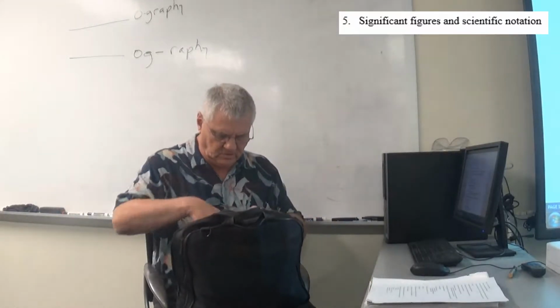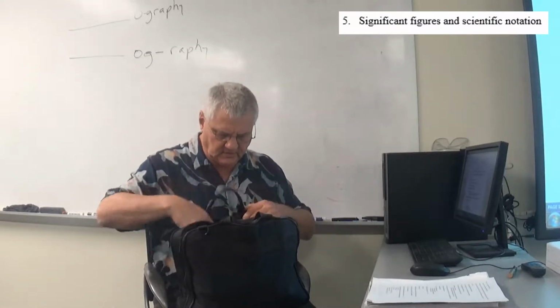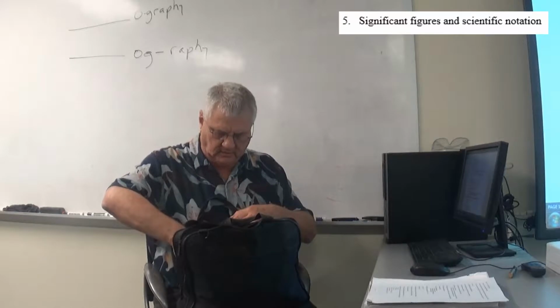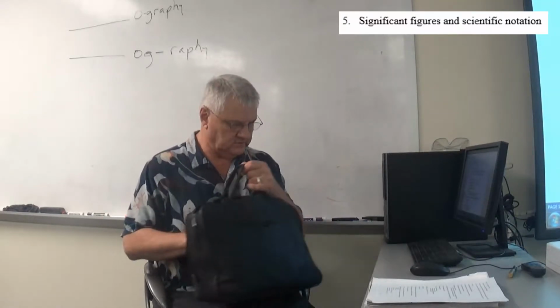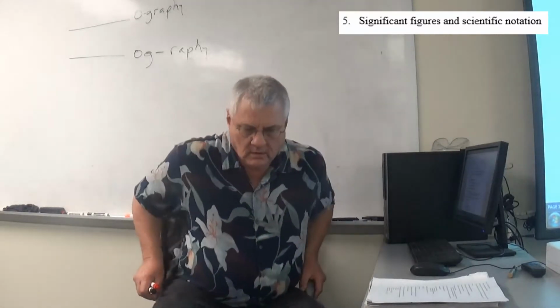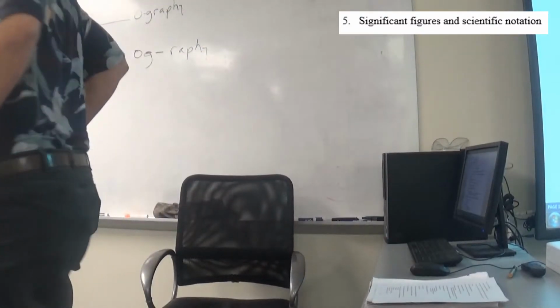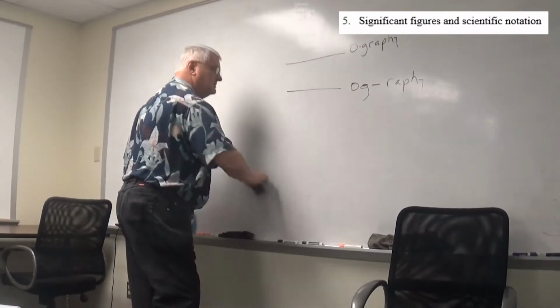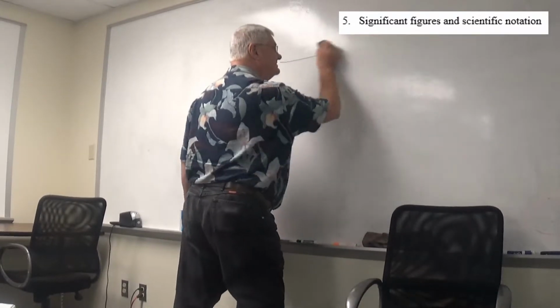One thing about determining the number of significant figures, it's easy for the digits that aren't zero, because they're definitely significant, okay? But zero is the digit that can be ambiguous. So let's look at some examples of that.